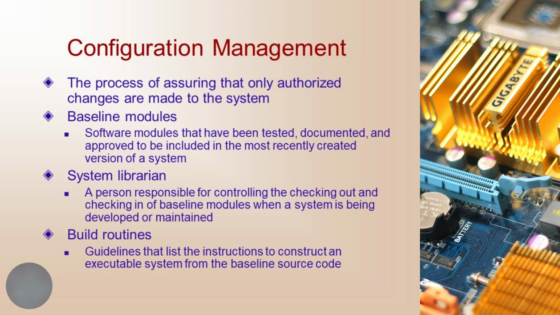For configuration management, we have the process of assuring that only authorized changes are made to the system. We have baseline modules, software modules that have been tested, documented, and approved to be included in the most recently created version of the system.